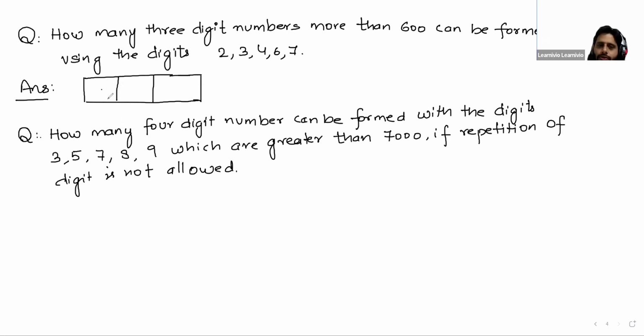Either we can put 6 or 7. Is this correct? Yes, sir. Okay, so this block has two choices. Suppose we have chosen 7. Now, how many numbers more than 600 can be formed using the remaining digits? So next, can you tell me how many choices we have for the remaining one?